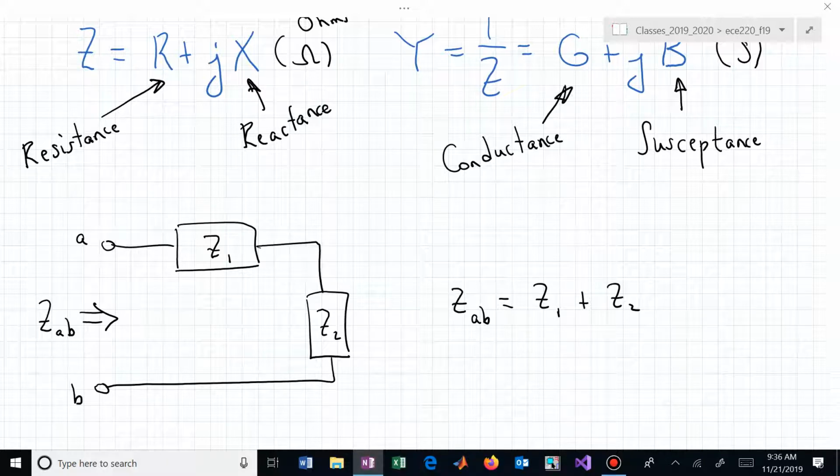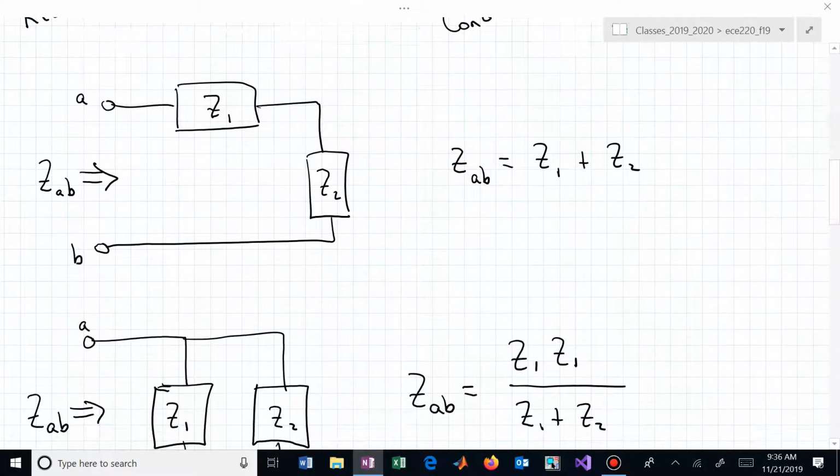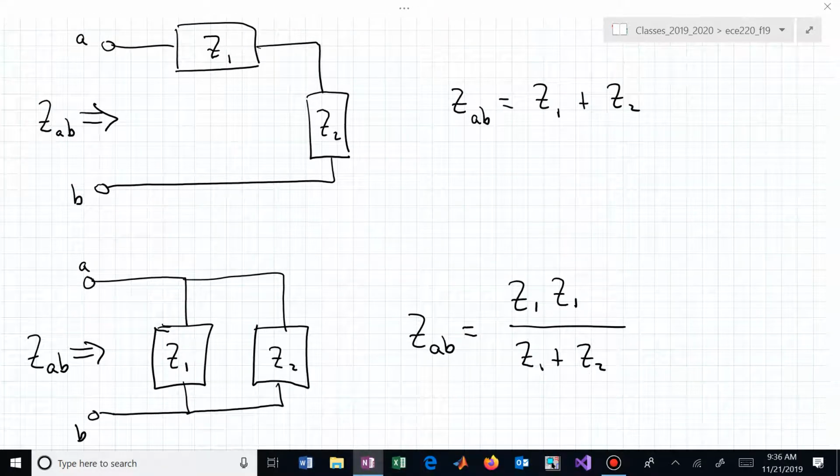If they're in series, especially with 2, it's just Z sub 1 plus Z sub 2. Likewise, if they're in parallel, we had the product over the sum for resistors in parallel. Now if we have impedances, realize that Z1 and Z2 can be complex. That's why you have to be able to manipulate complex numbers. You're going to be multiplying, adding, and dividing just to find a parallel combination of impedances.